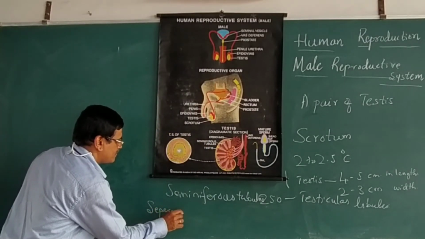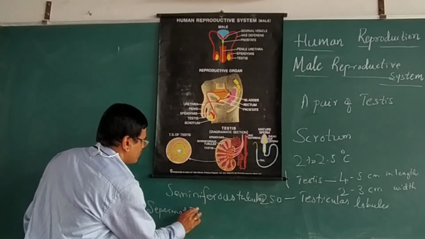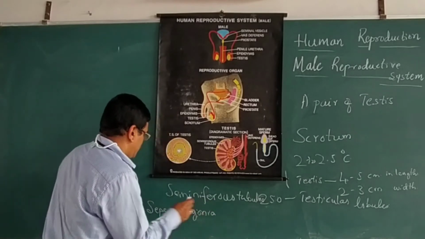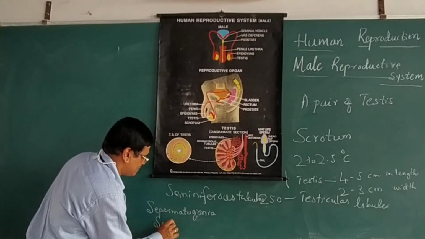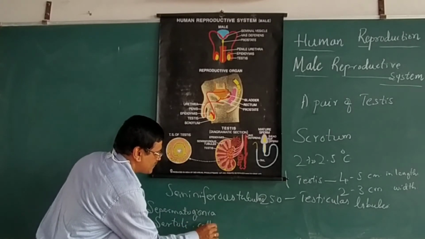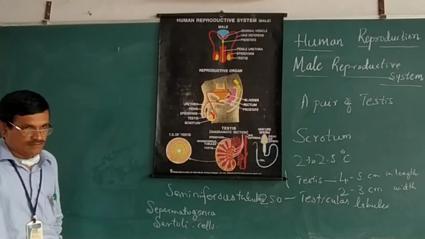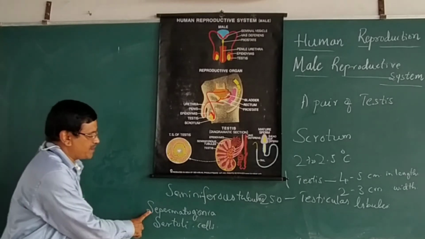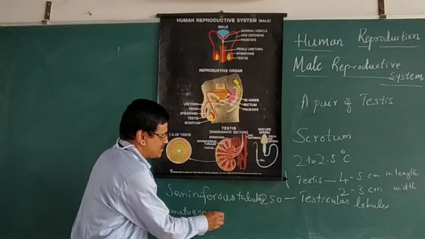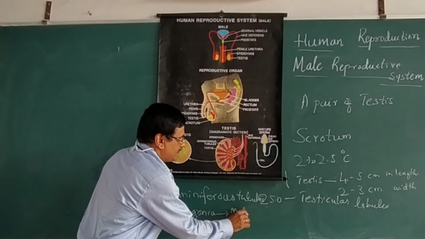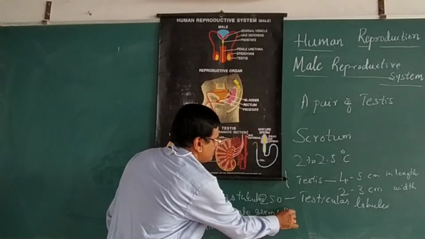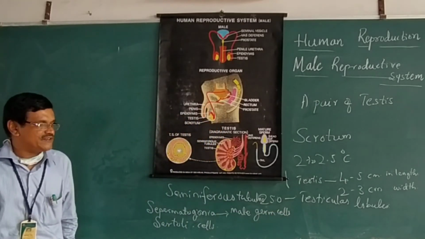Spermatogonia and Sertoli cells. The spermatogonia cells are also known as male germ cells.